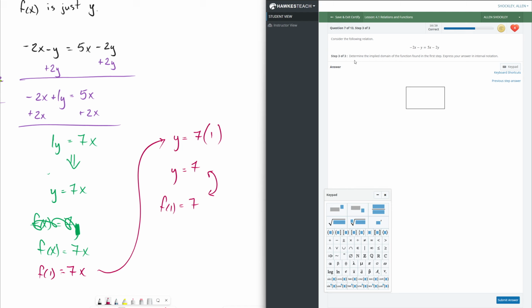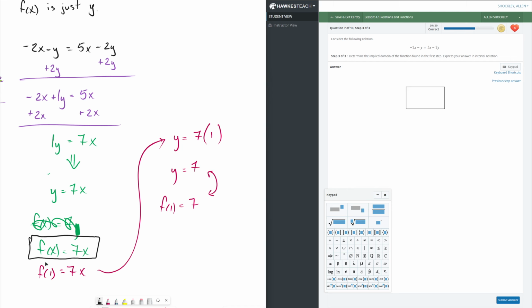And then now we're looking for step 3, which is the domain of the function. So to find the domain of the function, we're going to look back here at this f of x equals 7x. So if we look at this, what we're looking for again on domain is a bottom that has a letter or a radical.